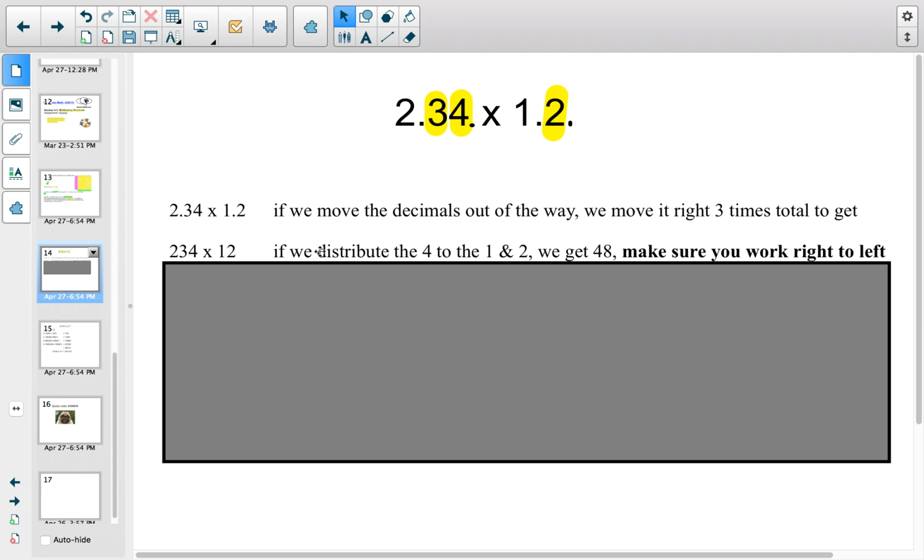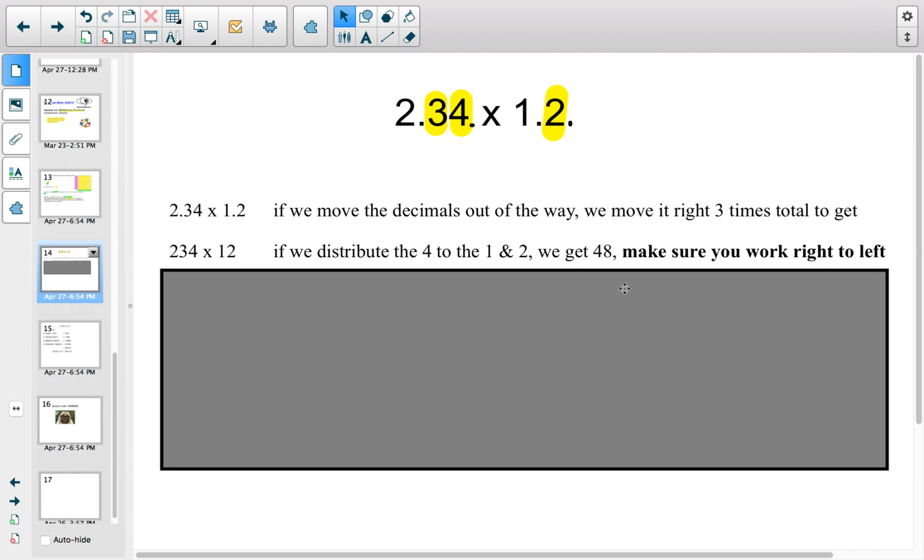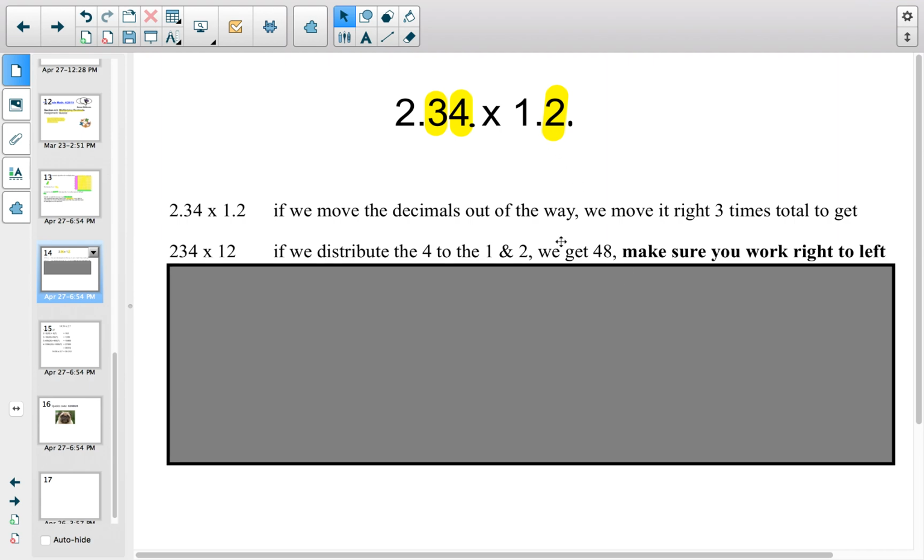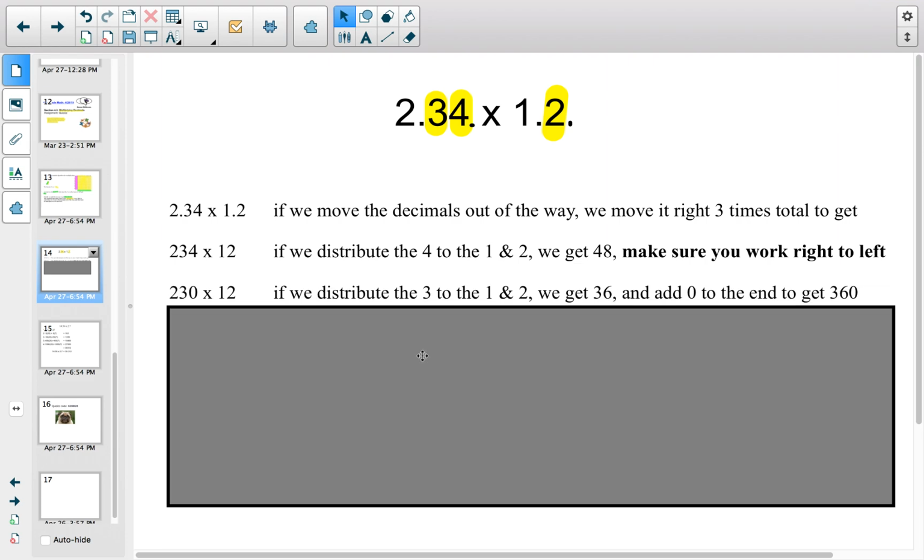We're going to distribute the 4 to the 1 and the 2. 4 times 2 you'd get 8, and 4 times 10 you'd get 40, so 48. We are working right to left. Now this becomes 230 times 12.